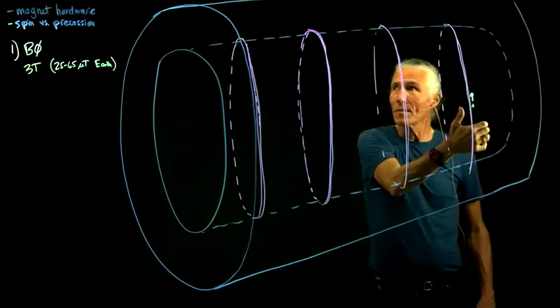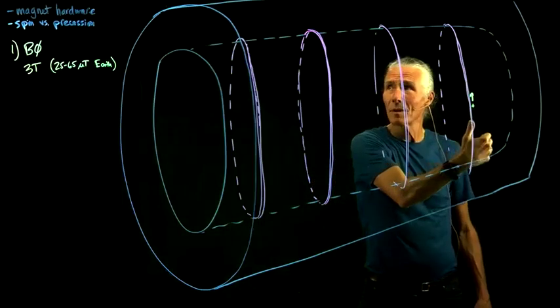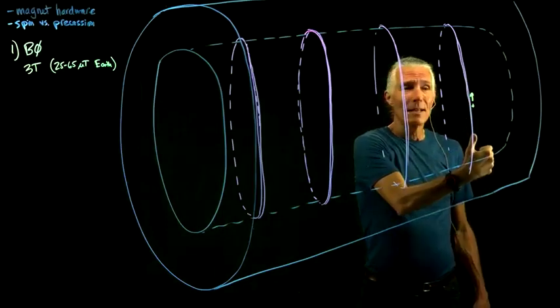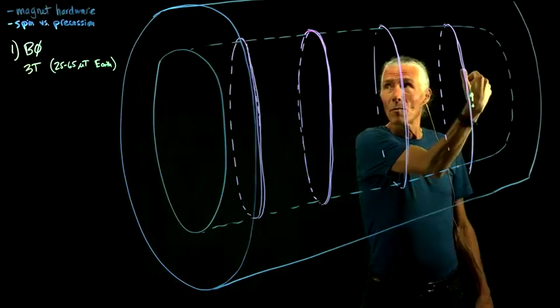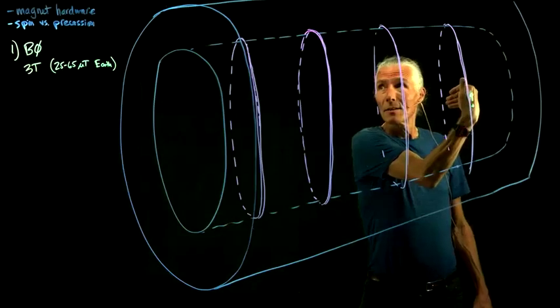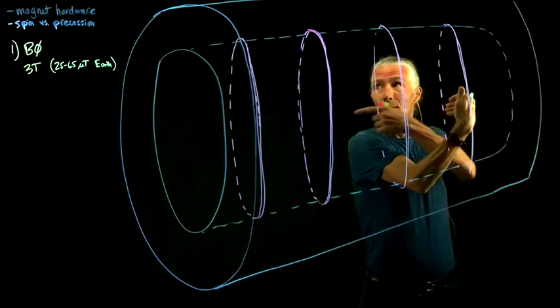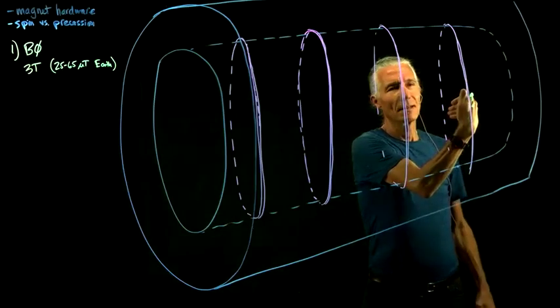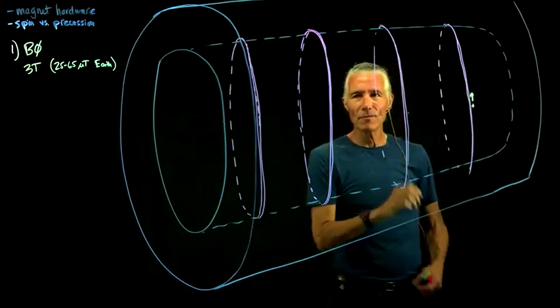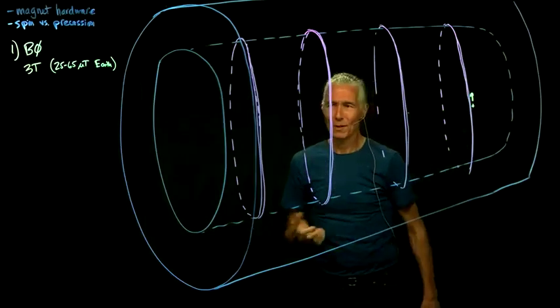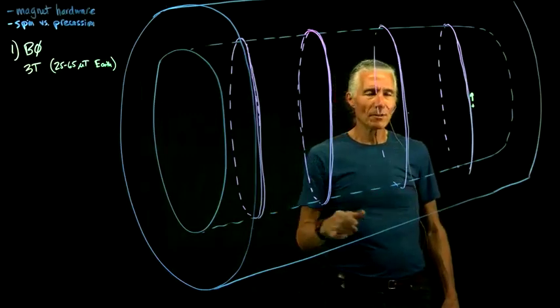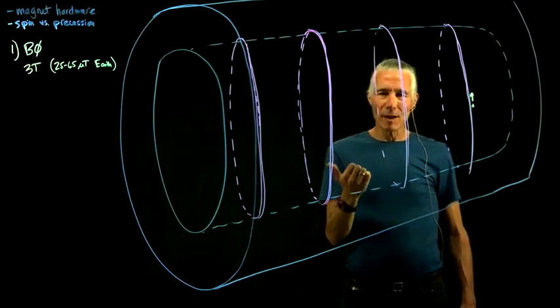So if the charges are going around the wire that way, it's going to make the magnetic field point in that direction. That's a handy rule to figure out, if you move a charge, what is the direction of the magnetic field.